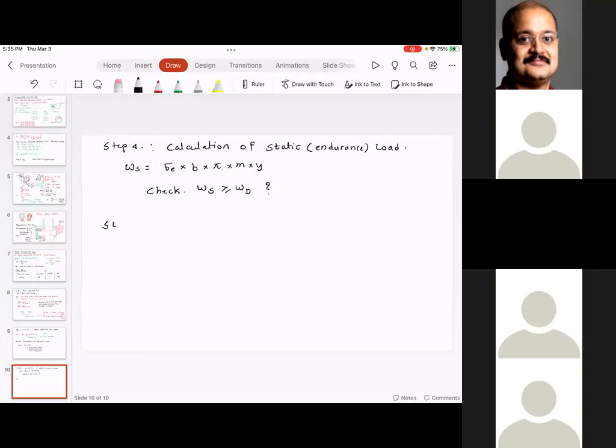At that time, the easiest thing to change is the value of B. If it fails at step 4, you can either change the module or the face width. I typically look at the proportions of the gear and then just change the face width. If changing face width is not going to solve the problem, then I change the module.